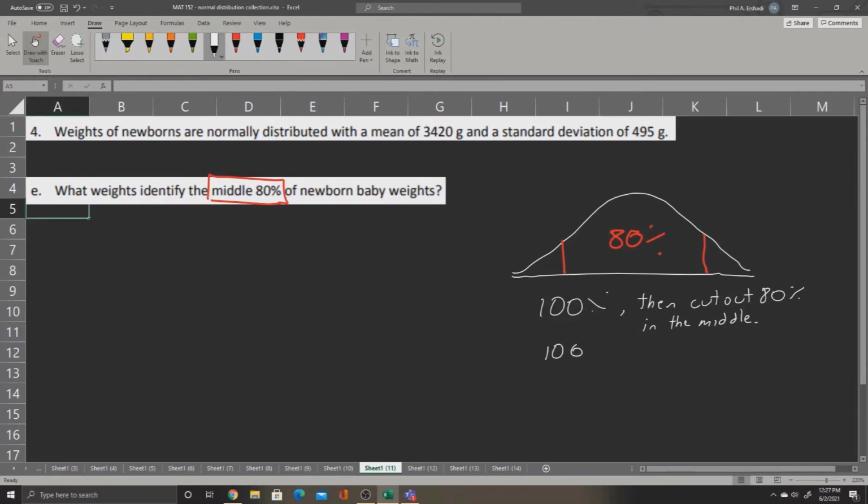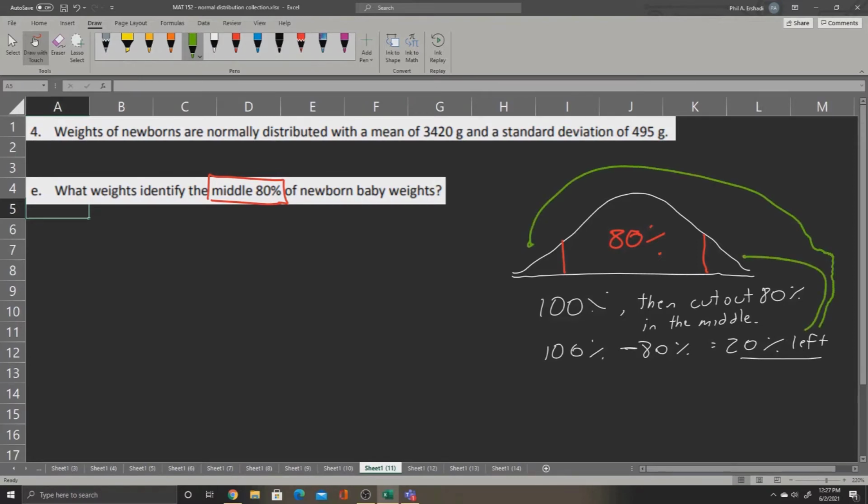So we'll say 100%, subtract 80% would give us 20% left over. And those 20% are going to go into the left side and the right side. Now this 20% will be divided evenly between the left and the right.